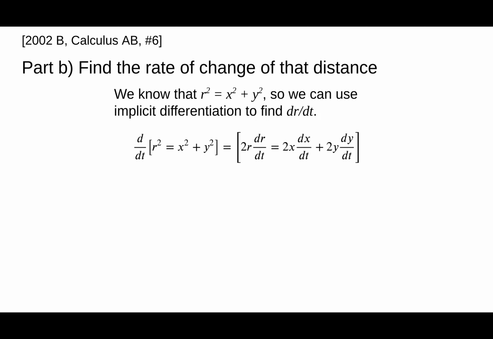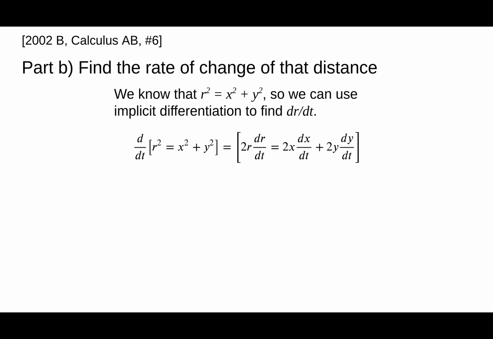So we take the expression r squared equals x squared plus y squared, and we apply implicit differentiation. Differentiating that expression, we get 2r dr/dt equals 2x dx/dt plus 2y dy/dt.